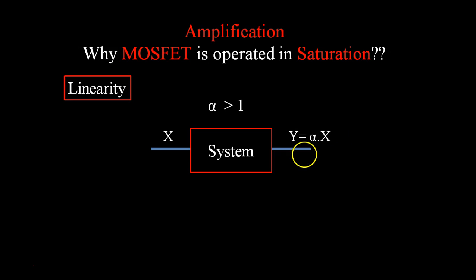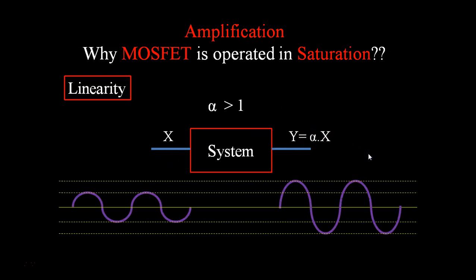To keep this concept simple, let us just capture this equation: the input fed is x, and if the output is some alpha times the same x, then we can call this system linear. And if this alpha is greater than 1, it means the output is greater than the input, and we can say it is doing something called amplification. Even though the actual definition of amplification can be much more complex, I just want to explain what happens in saturation. Let us proceed forward.